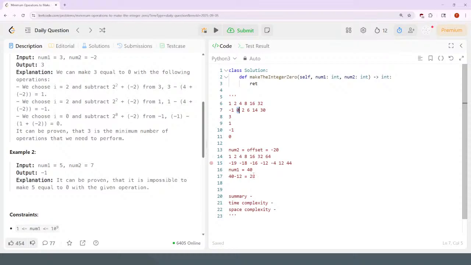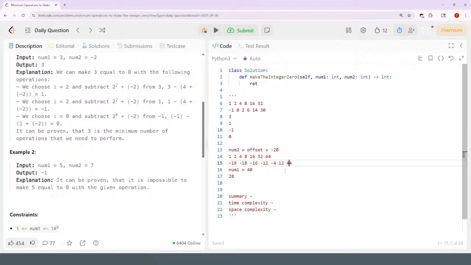If we had 40 to start with, 40 is closest to 44. But if it was something like, let's say, 28, you should still want to subtract.